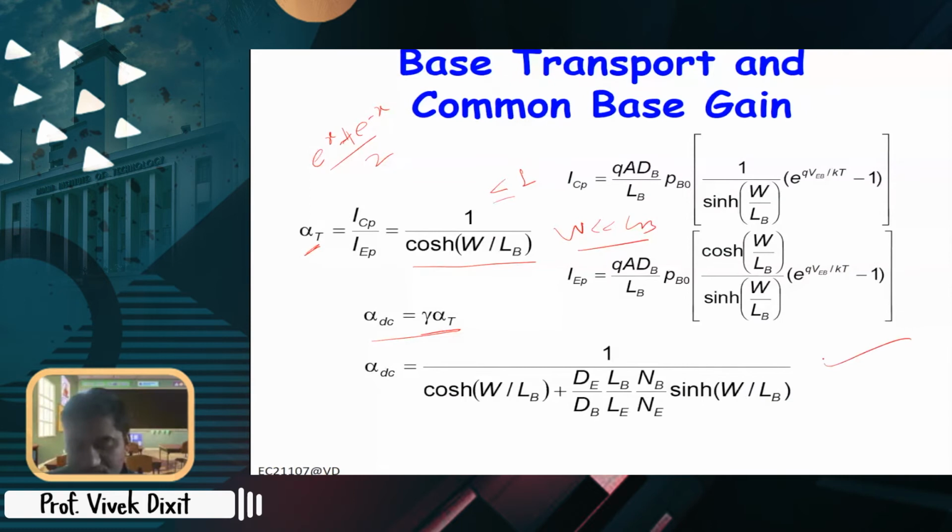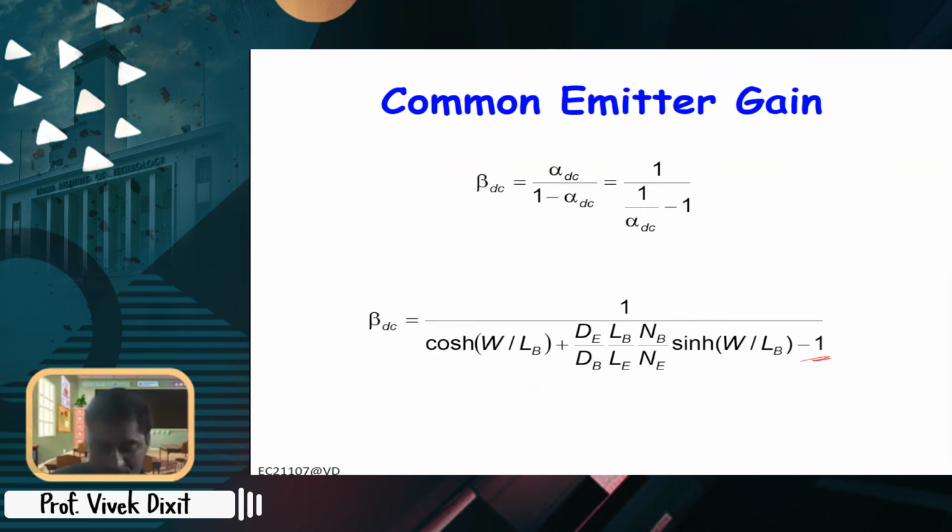So this is the expression which again you can use to maximize the common base current gain alpha. And from alpha you can get beta. Now beta is what? Alpha over 1 minus alpha, or you can write 1 over 1 by alpha minus 1. So 1 by alpha is the denominator. So this minus 1, right? So you just put a minus 1 here, right?